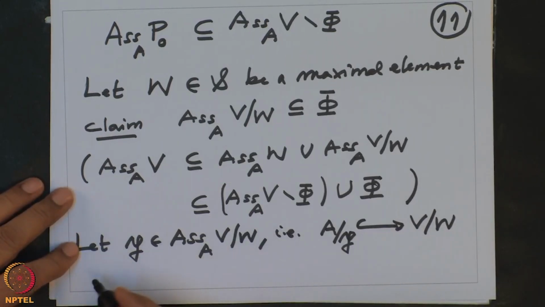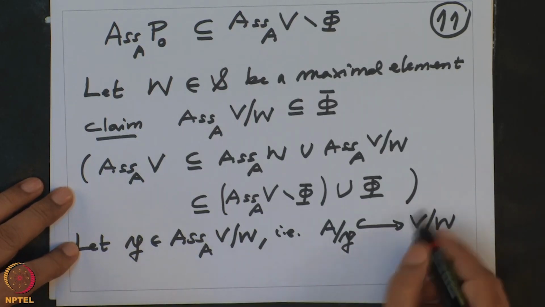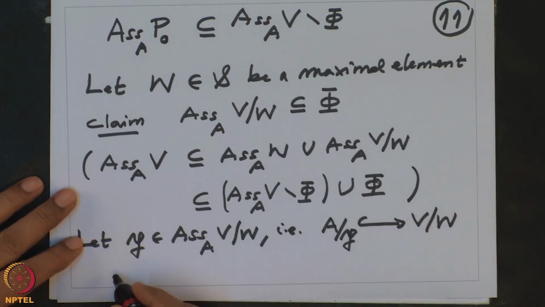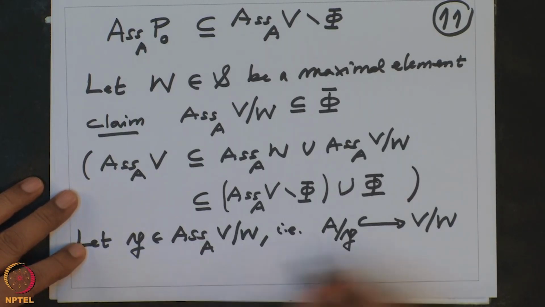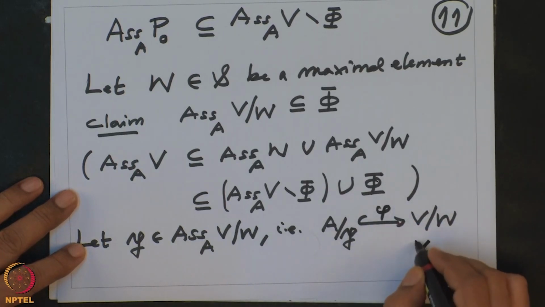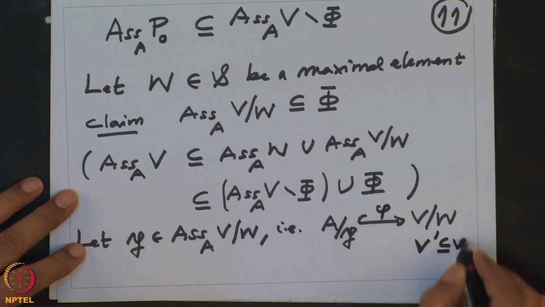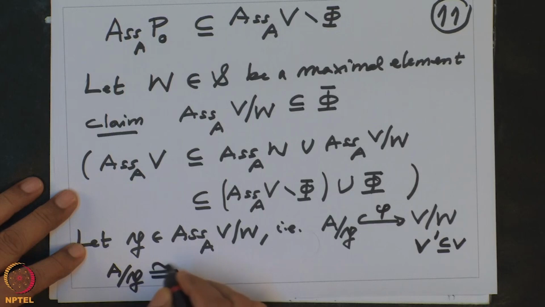And let us look at this: it is a submodule, and the submodules of these are precisely the residue class modules. So look at V prime, a submodule of V, with the property that A by P is isomorphic to V prime by W.